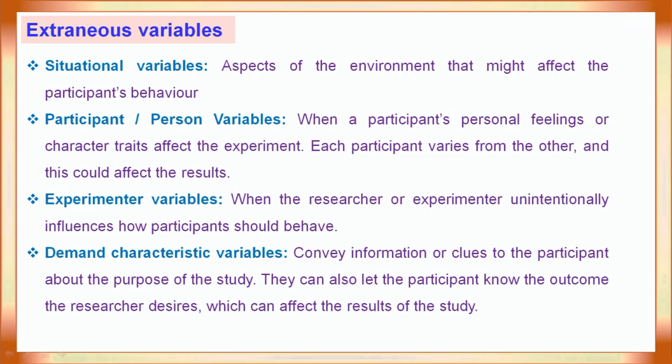Now, for controlling: when the situational factor is the extraneous variable, the controlling process is the standardization of the research environment. When the source is the participant, the process of controlling is random assignment, randomization, which is the best way to control this type of extraneous variable.